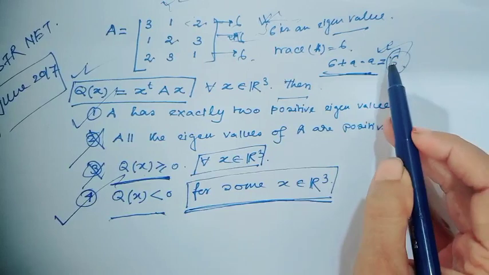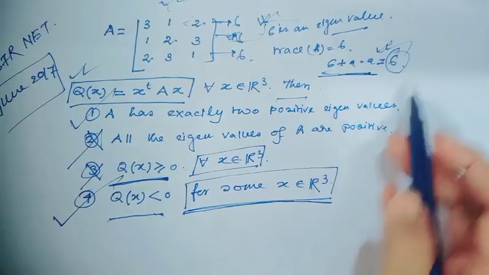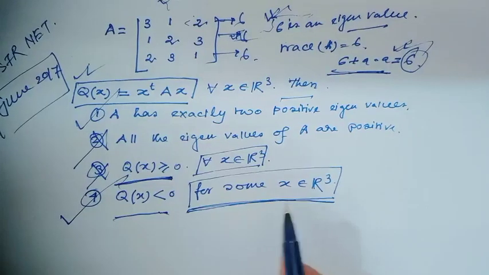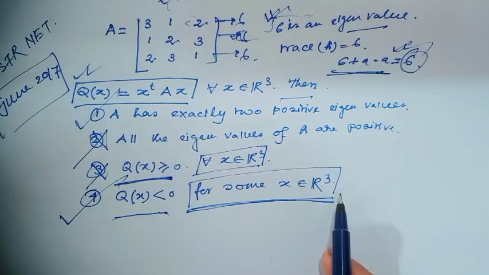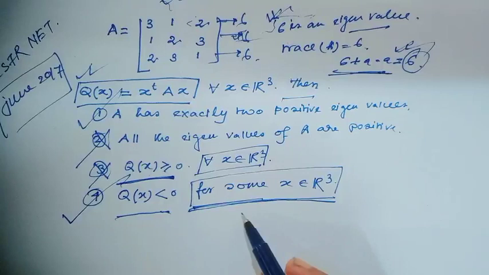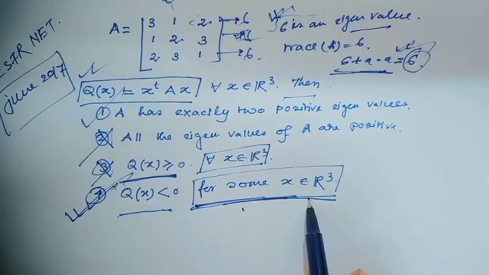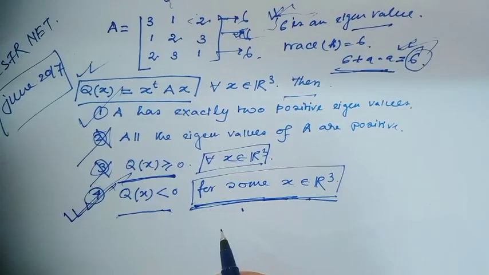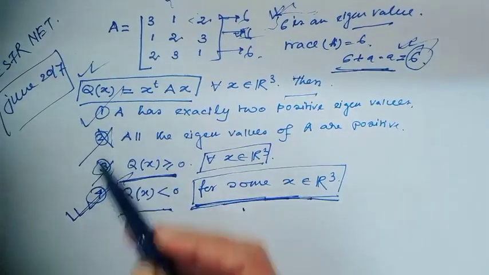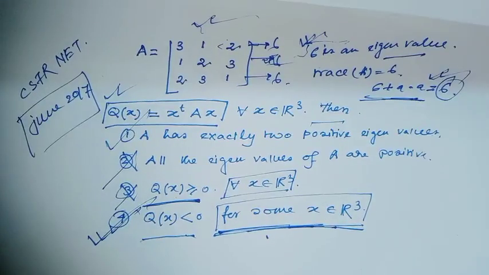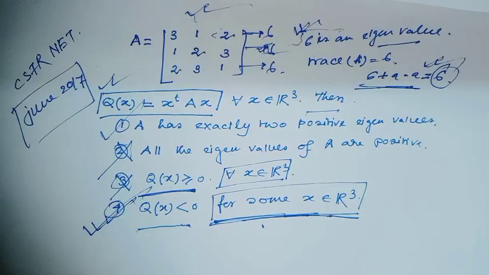So, for this negative eigenvalue, we can tell Qx strictly less than 0. And this is true for some x belongs to R3. The fourth option is true because here it has indicated for some x belongs to R3. That means options 1 and 4 are the right options. I hope all my viewers have understood this question.